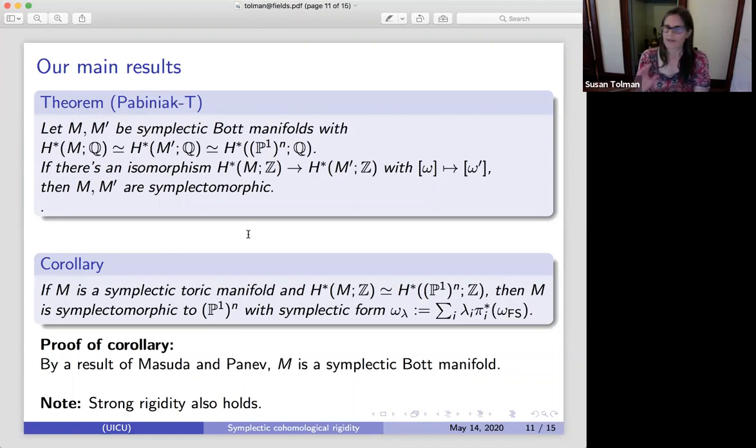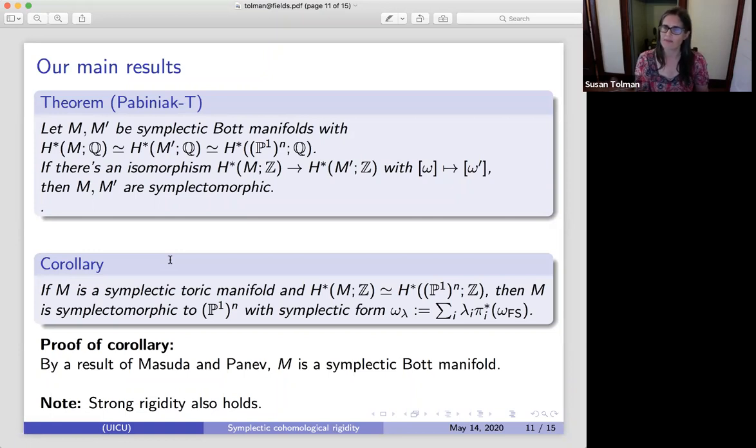Particularly if you don't love Bott manifolds, there's a nice corollary which doesn't use that statement. If M is a symplectic toric manifold and its cohomology ring is isomorphic to the cohomology ring of P1 to the n, then M is symplectomorphic to P1 to the n, where we have the symplectic form, which I'm calling omega sub lambda.